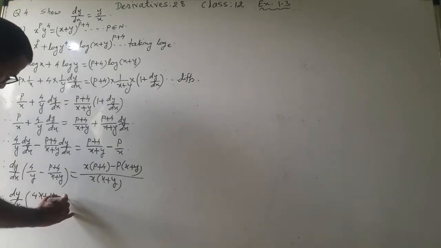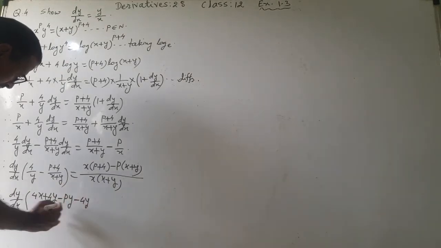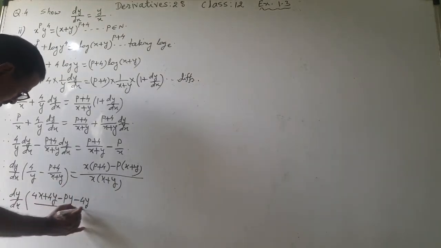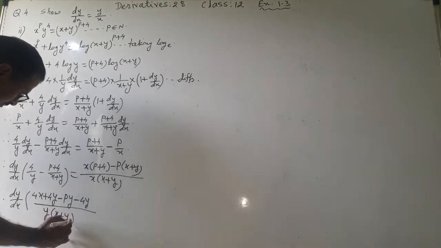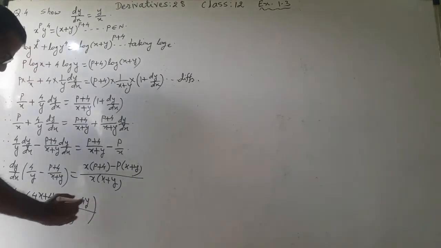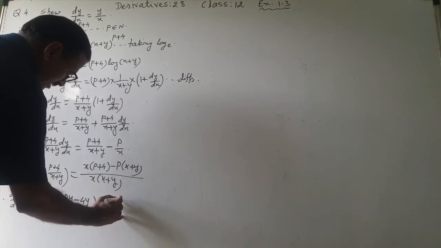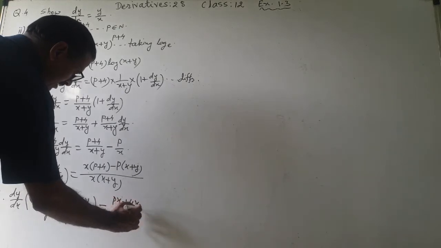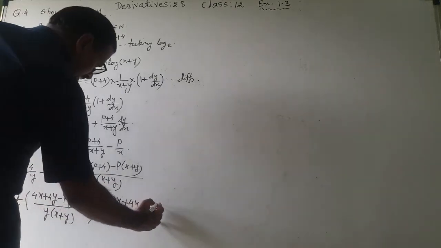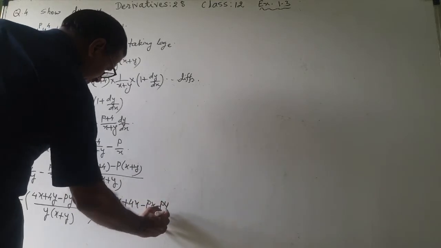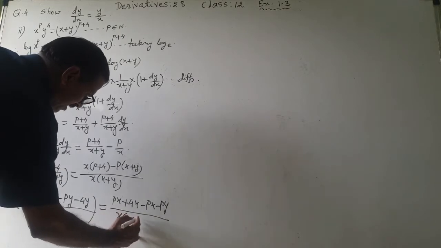Minus py minus 4y upon y into bracket x plus y. That is equal to, this also I will open, px plus 4x minus px minus py upon x into bracket x plus y.